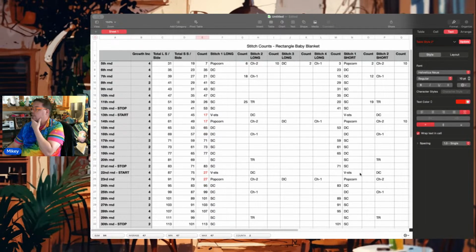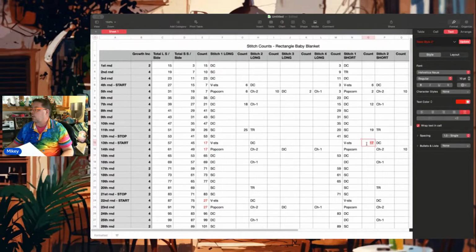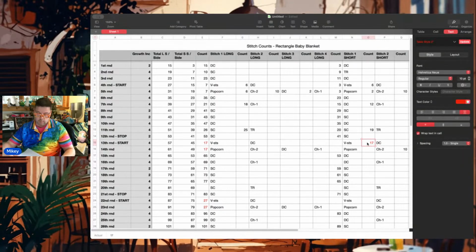We might as well do this side too while we're at it. So what we're going to do is take this number here and transpose it over here. So let's take a look at the calculation. Last time there was 1, 2, 3, 4, 5, 6, 7, 8, 9, 10, 11, 12, 13.